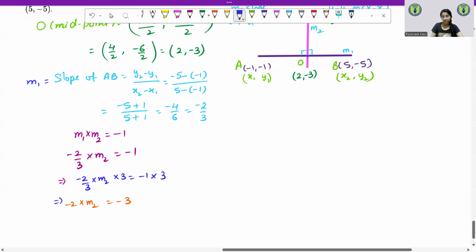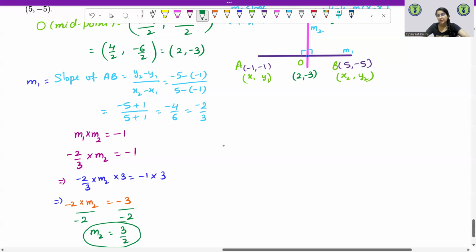Divide. What do we divide it with? -2. What we do to one side, we do to the other side. So we get m2 is equal to 3 halves, right? We got the slope.